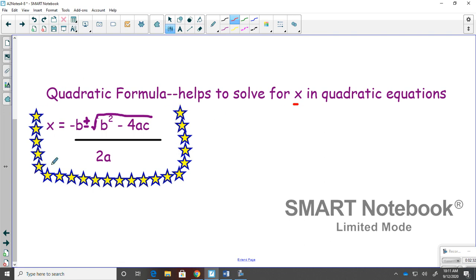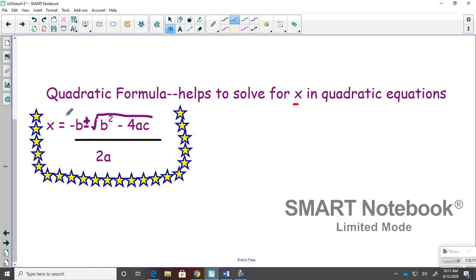What I've starred here is the formula that you have to have memorized. It is always on the ACT as well, and they don't give you the formula, so they expect you to know it. You can use this formula for every single quadratic equation.